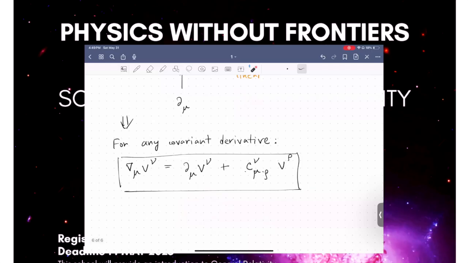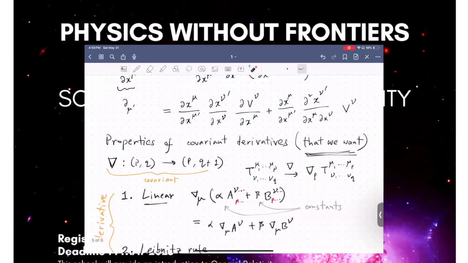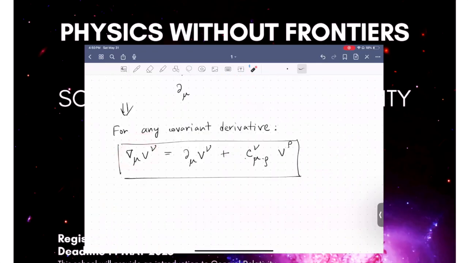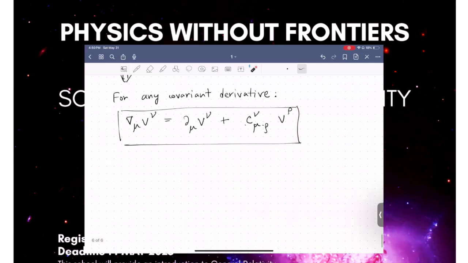So now the question is, we know that this is not a tensor. But we want this to be a tensor, right? Now we want to impose this covariance constraint on this. So the question is, what properties should this linear transformation have so that this is a tensor? Okay. And again, this we can easily figure out.